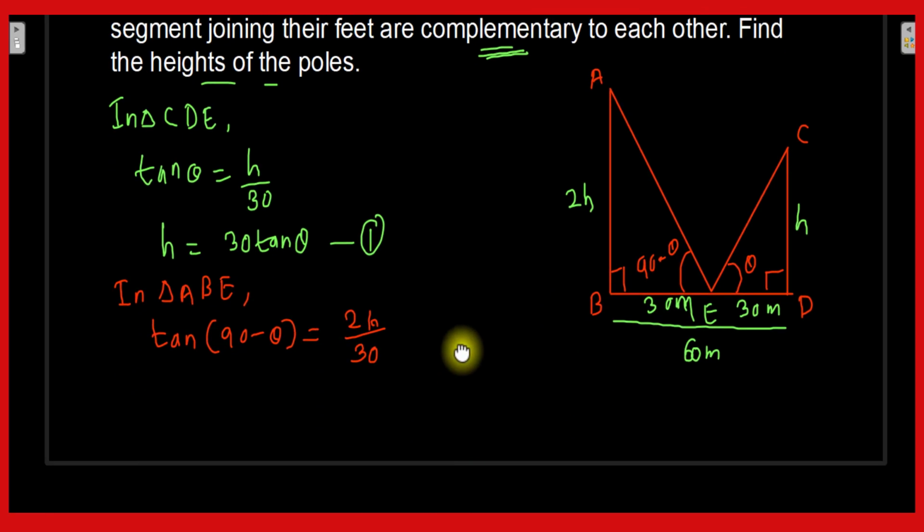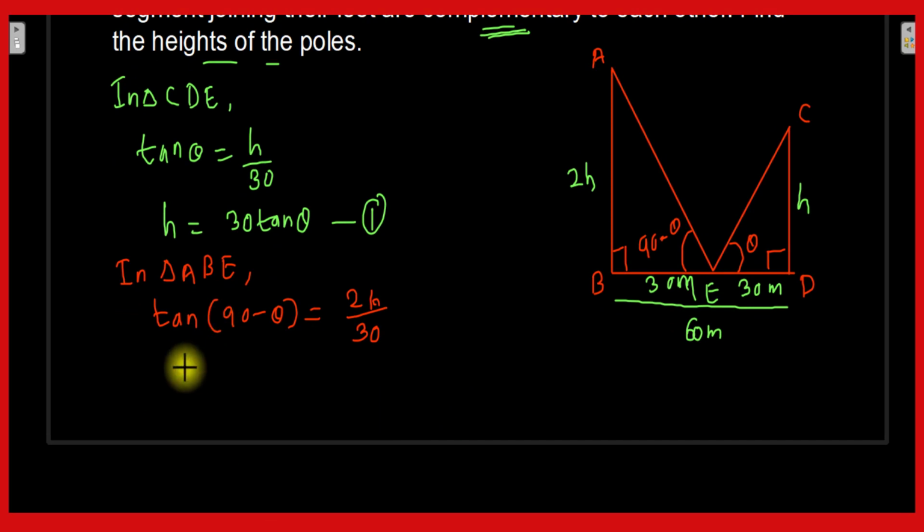Solve this further. Tan 90 minus theta, its value is cot theta, which is equal to 2h upon 30. So 2 ones are 2, 2 15s are 30, and so taking 15 to this side, h is equal to 15 cot theta. Let this be equation number 2.